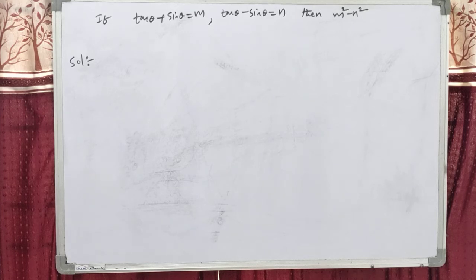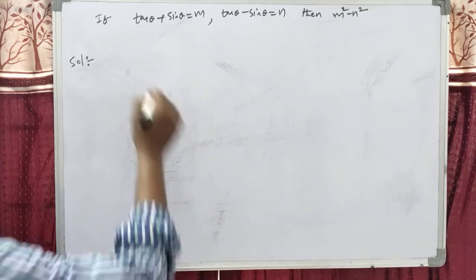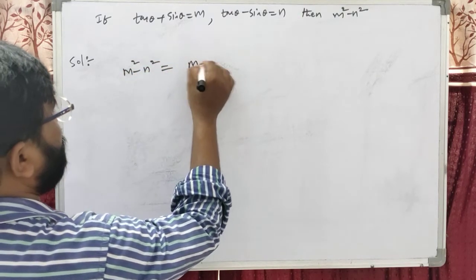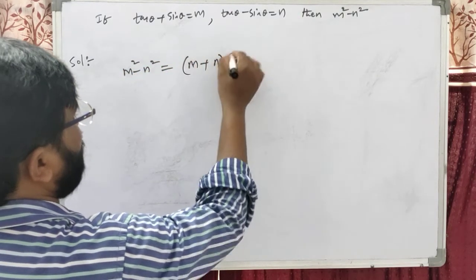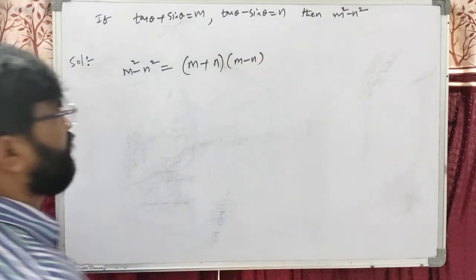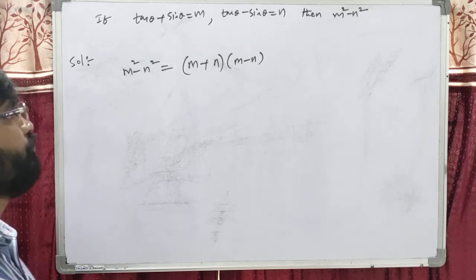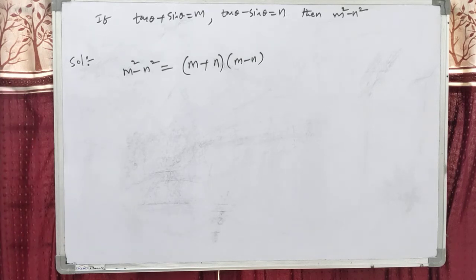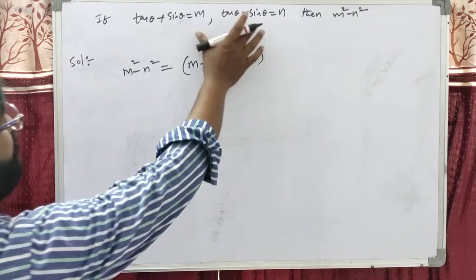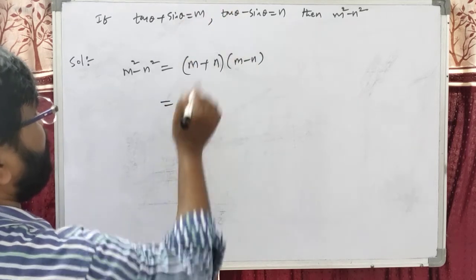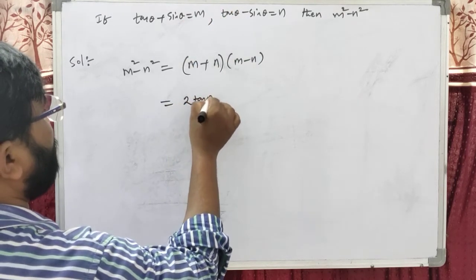Dear students, we can observe here the m square minus n square. This can be written as m plus n into m minus n. Therefore, when we take m plus n, undoubtedly we get 2 tan theta. 2 into tan theta.